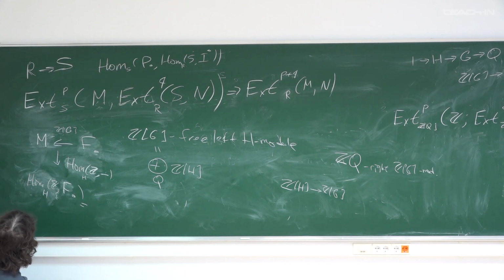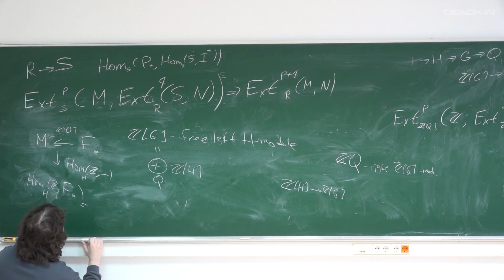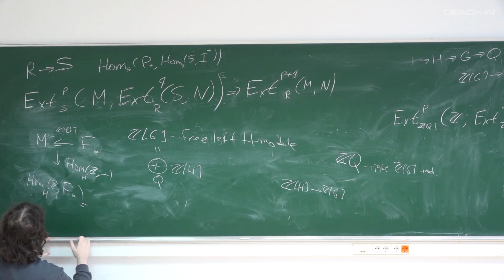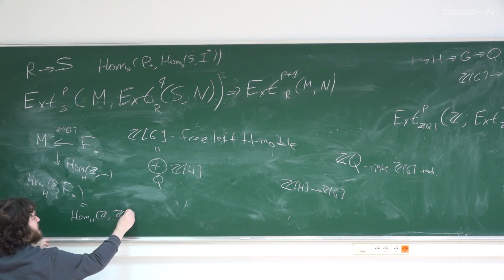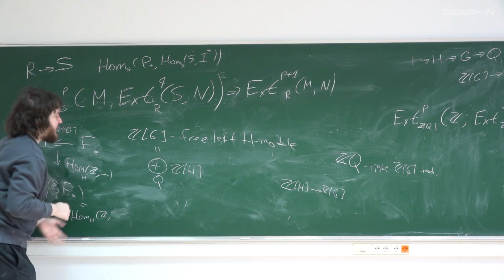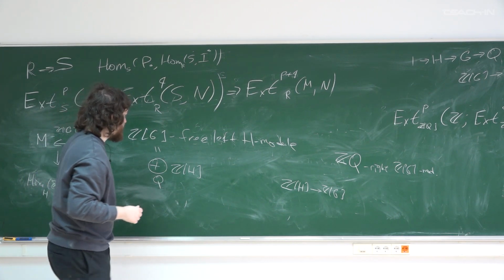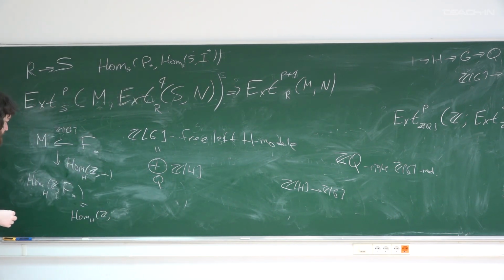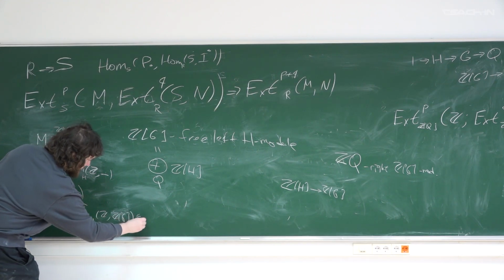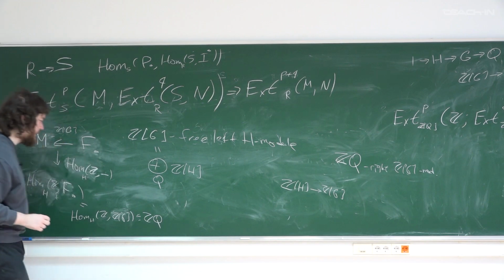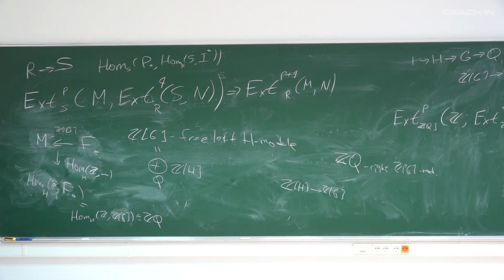What I then obtain? Then this thing is just invariants of this free module. What is Hom then from Z to ZG? Invariants of this thing, I want to say that this is just ZQ. ZG is isomorphic to ZQ. And coinvariants also, because it's free module.